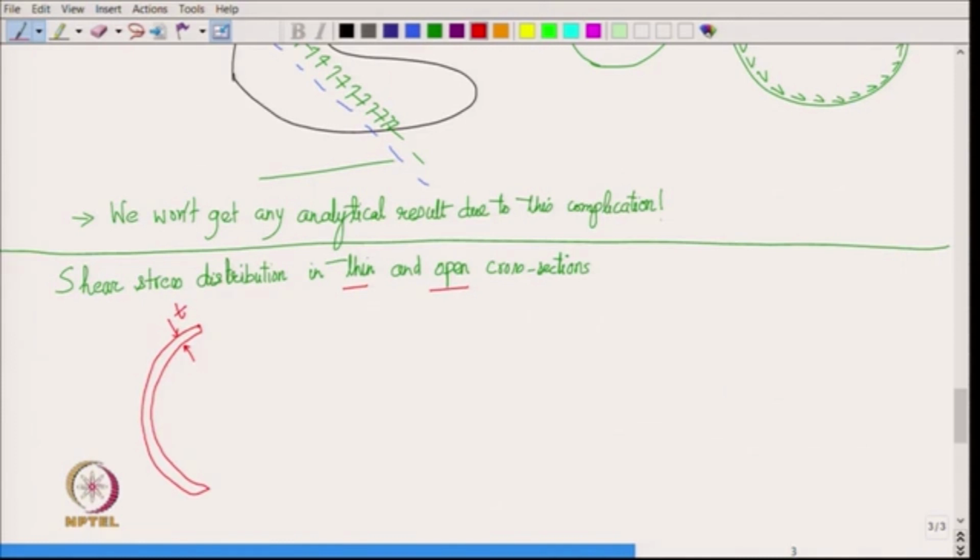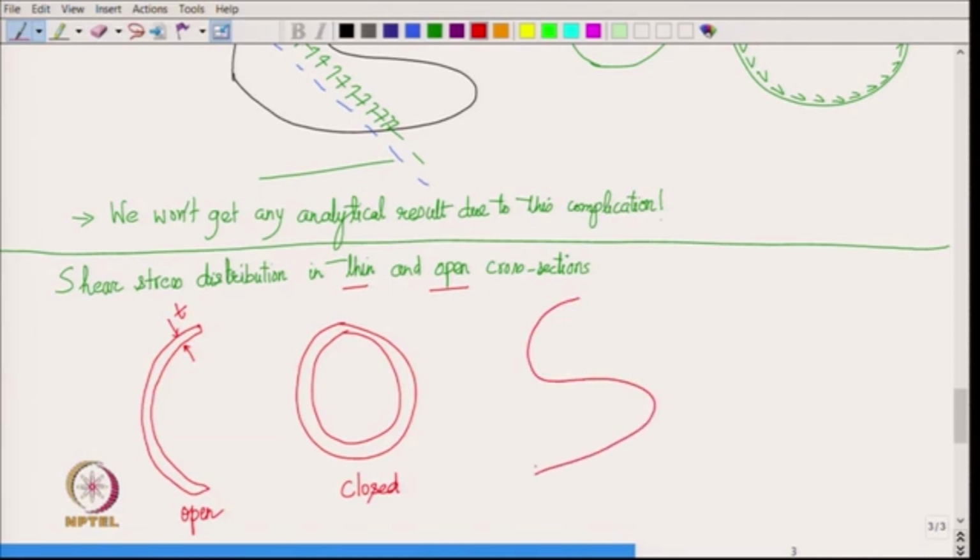And why open? Because this is not closing. If we had a circular cross section, then this is a closed cross section. So, it is closed. We do not want to discuss closed cross section, we are only talking about open cross section, but also at the same time thin. So, this is also an example of open and thin cross section.